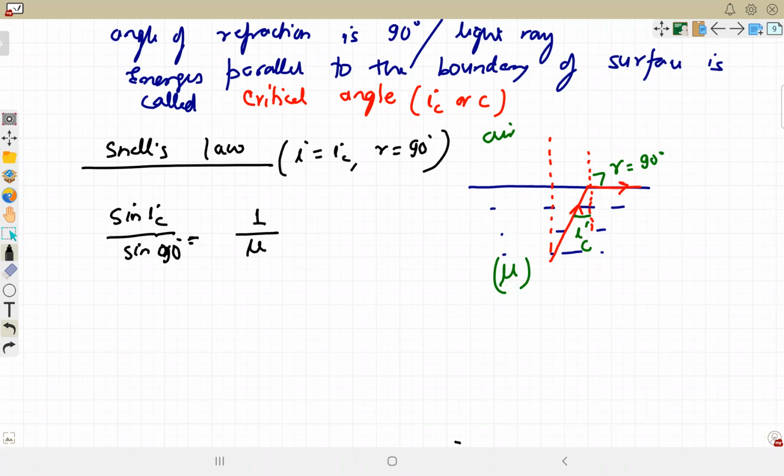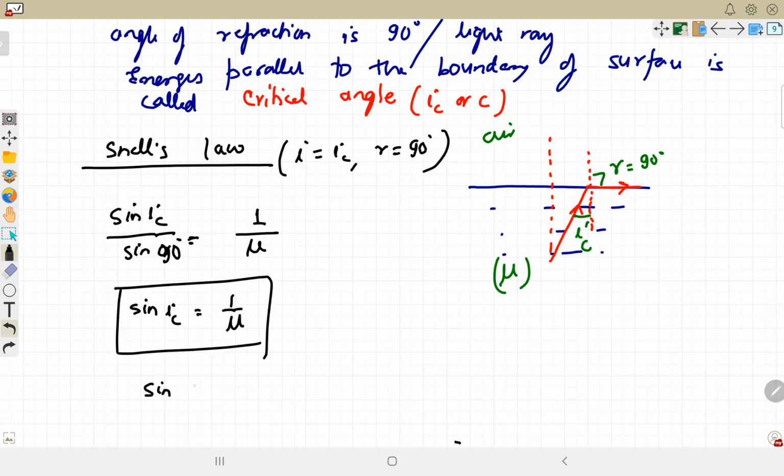Sin 90 is 1, so यहाँ से आ जाएगा sin of critical angle is 1 upon mu, या फिर हम इसे sin C लिख लेते हैं. Sin C is 1 upon mu where C is critical angle.